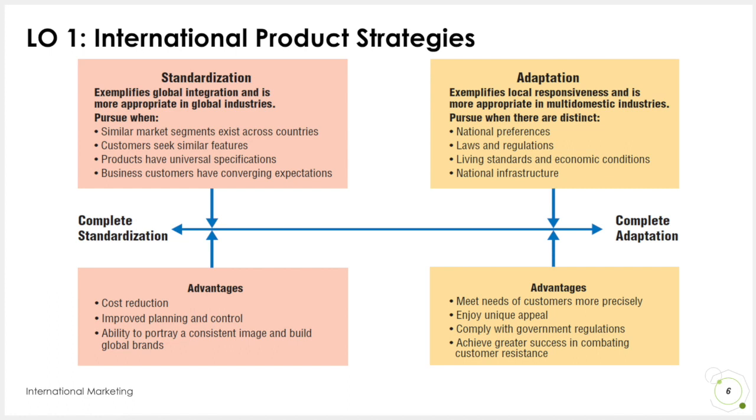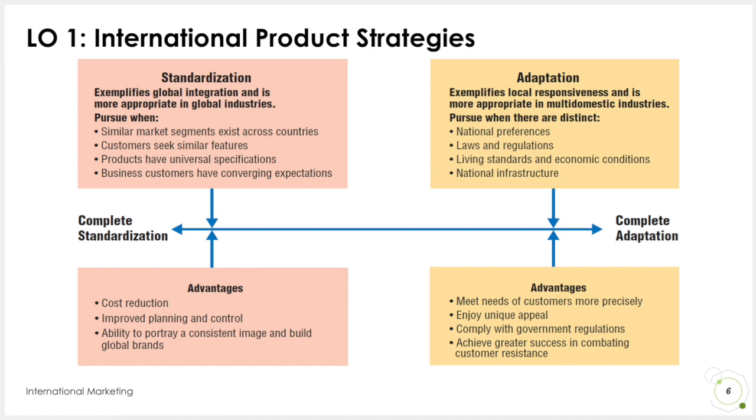In light of the aforementioned rationale, there are four primary advantages of adapting an international marketing program to the local market. First, it meets the needs of local customers more precisely. Second, it creates unique appeal for the product.